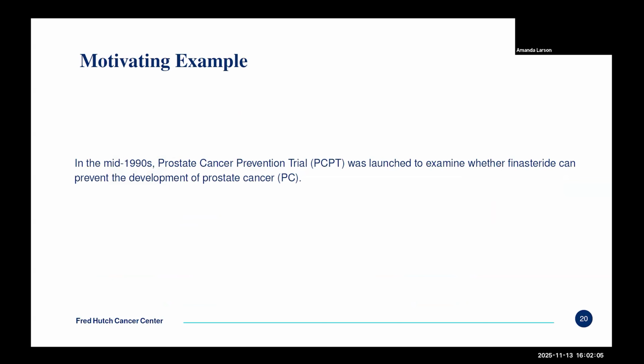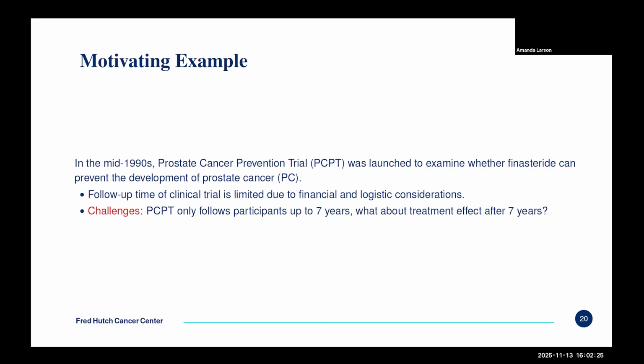One example is the Prostate Cancer Prevention Trial. It was launched to examine whether finasteride can prevent the development of prostate cancer. The trial had a 7-year follow-up, and it could not continue due to financial and logistic considerations.